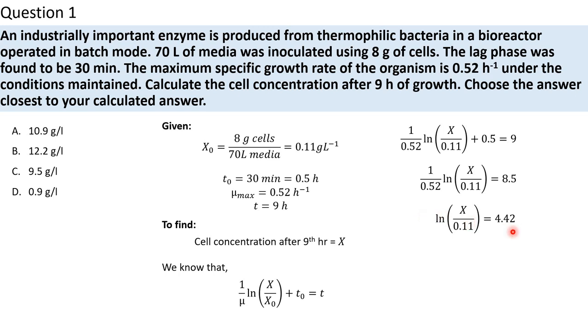By taking e power 4.42, we get 83.1. Multiplying 0.11 by 83.1, we get x equal to 9.2. The closest answer out of these four options will be 9.5 gram per liter. So here the answer is 9.5 gram per liter.